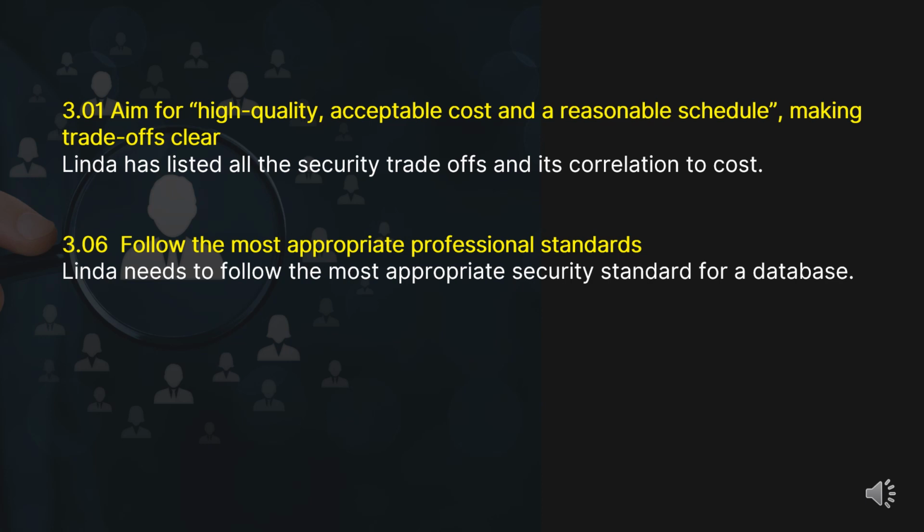The fifth one, which is the last one, is clause 3.06, which is to follow the most appropriate professional standards. So Linda must follow the most appropriate professional security standard to design this database.